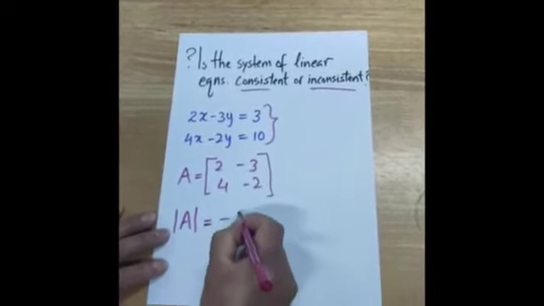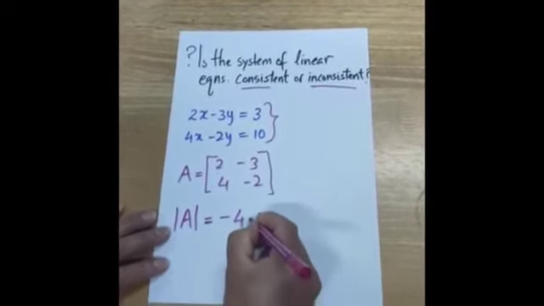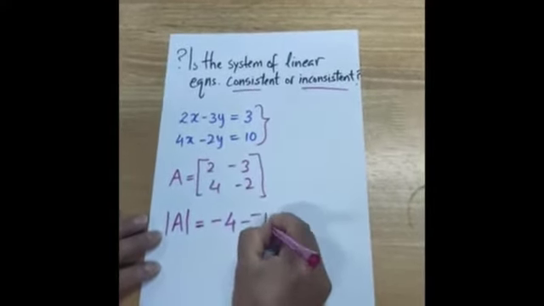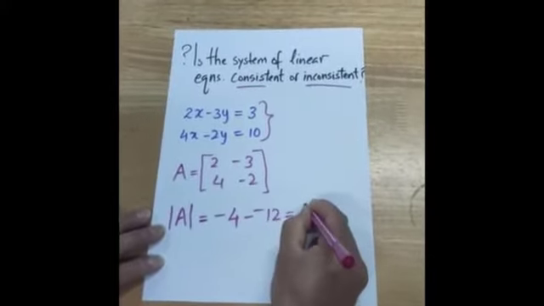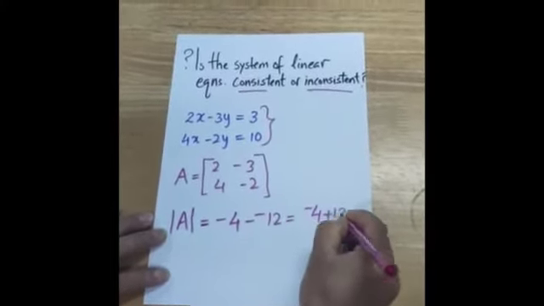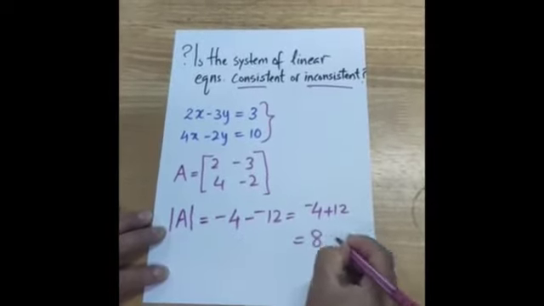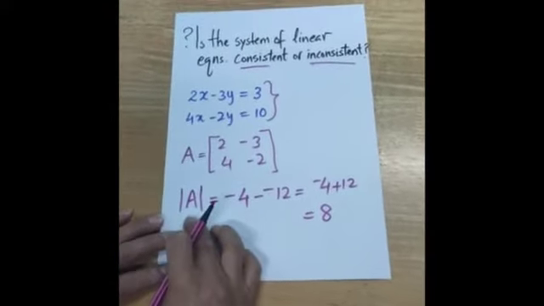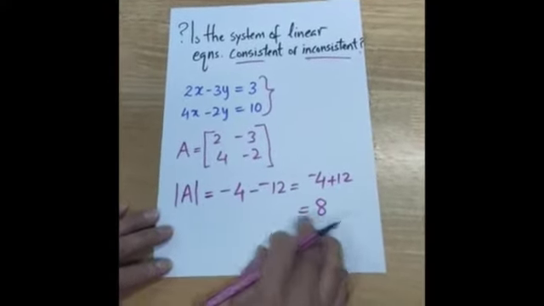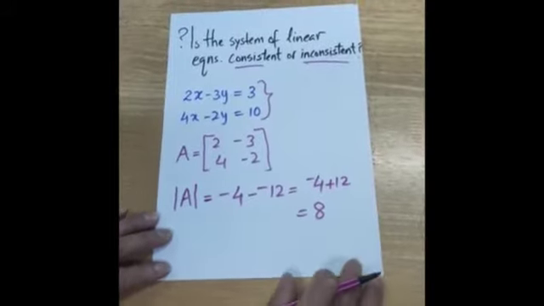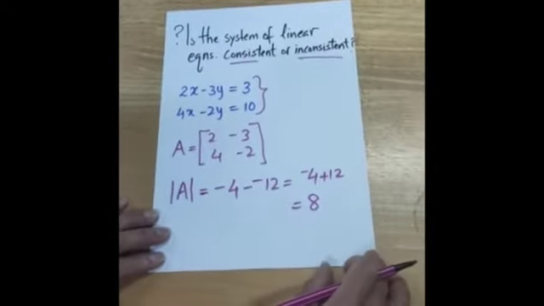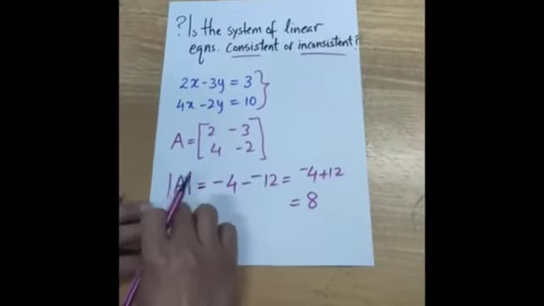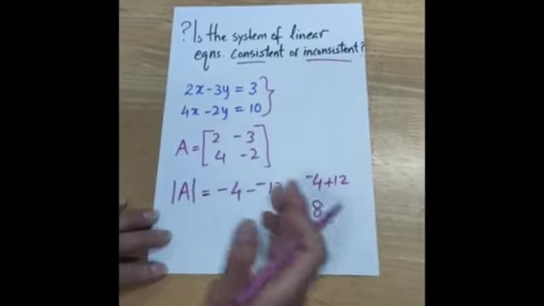So our determinant of coefficient matrix A is equal to minus 4 minus 12, which is equal to minus 4 plus 12, which gives the answer 8. So now we have computed the determinant of our coefficient matrix A. Based on our conditions, we have to check whether this determinant is equal to 0 or not.